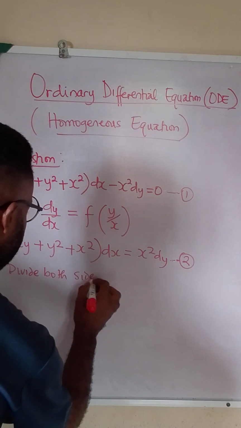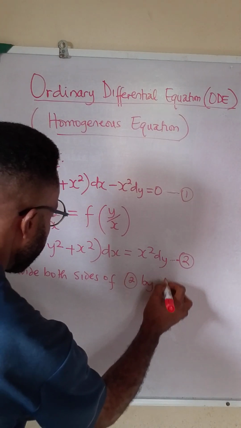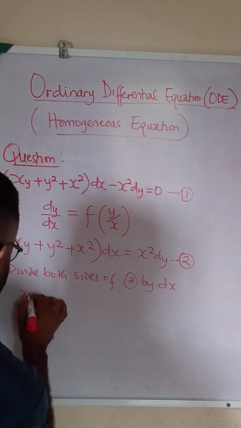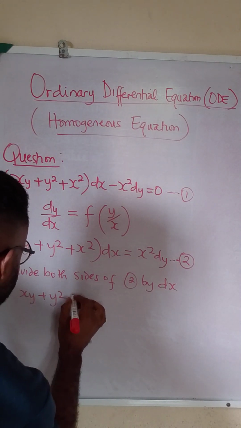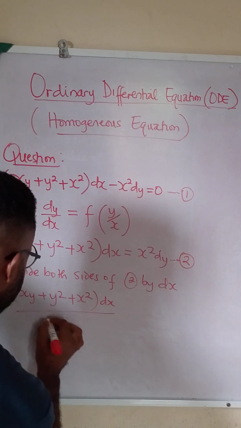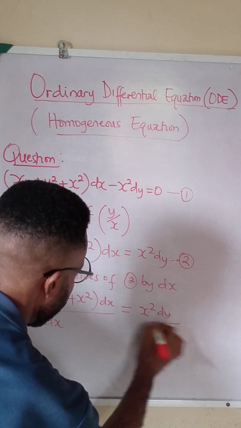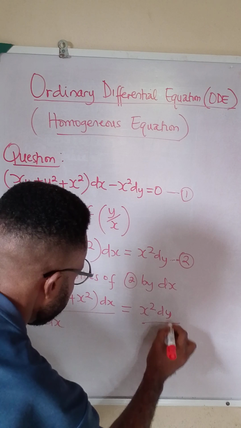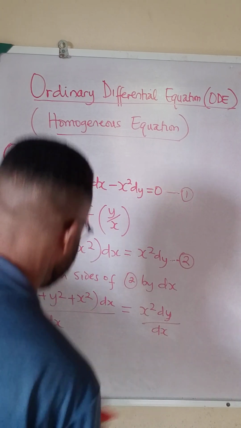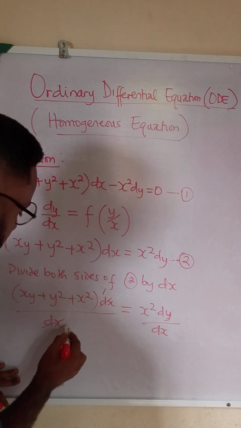If we implement that, we are going to have (xy + y squared + x squared) dx divided by dx equal to x squared dy divided by dx. And so from here we can cancel out; this will be 1, this will be 1.